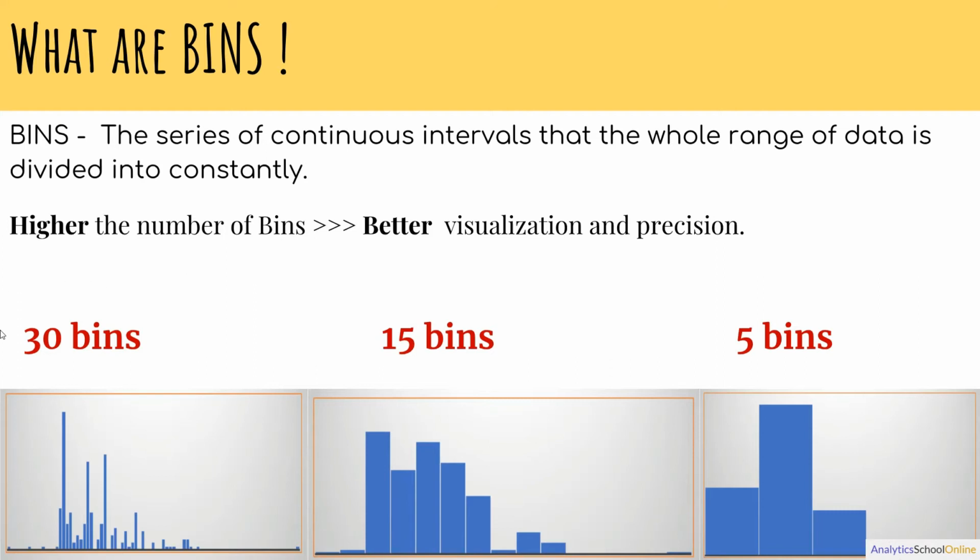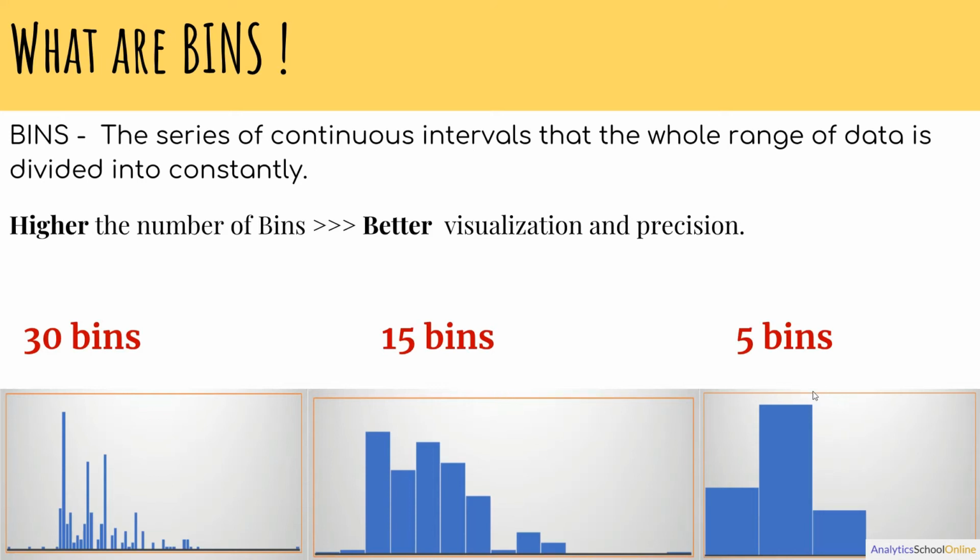For example, you can see that for the same data set, I've plotted 30 bins in this case, where you can see there is a great deal of precision in the individual observations. Then I've plotted the same data with 15 bins, where you can visualize the data really well, but not as precisely as with 30 bins.